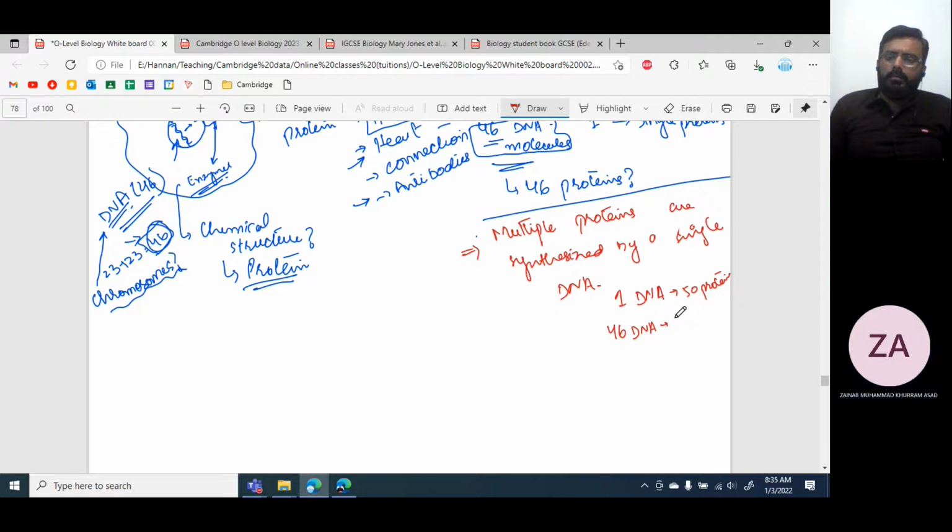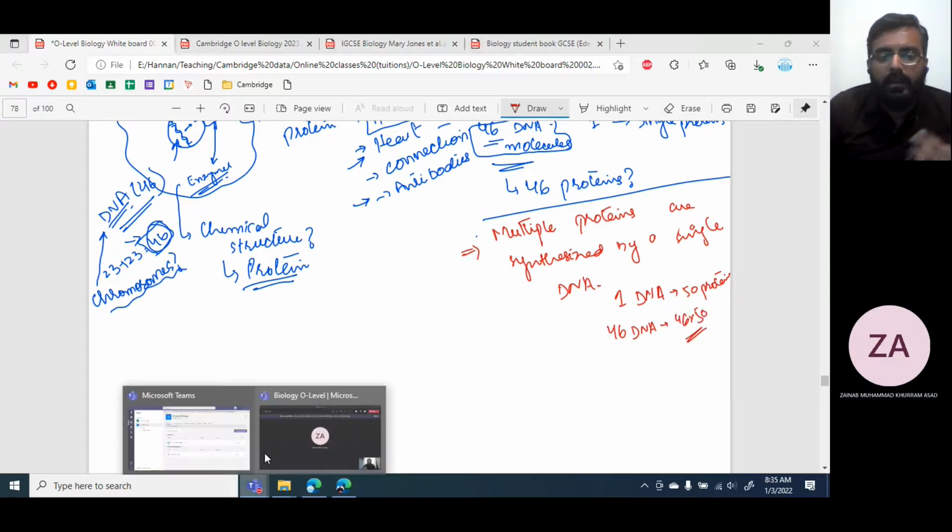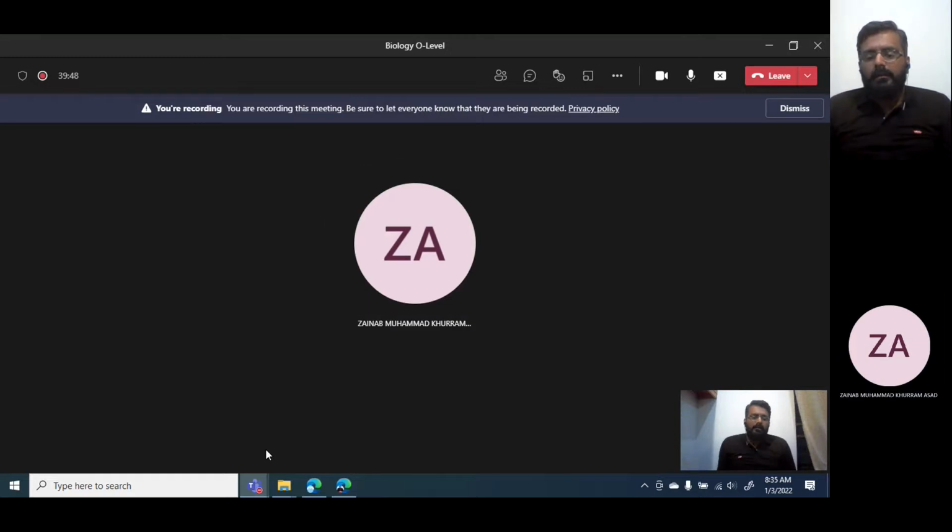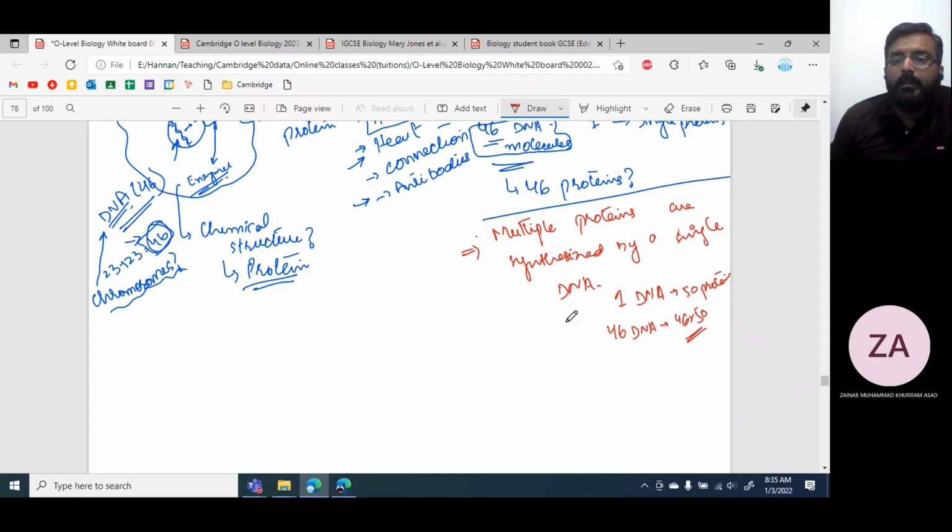I think you can easily calculate 46 into 50. It is a supposed figure, but ये point कुछ valid लगता है कि a single DNA molecule creates multiple proteins.